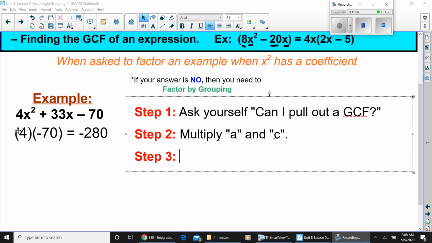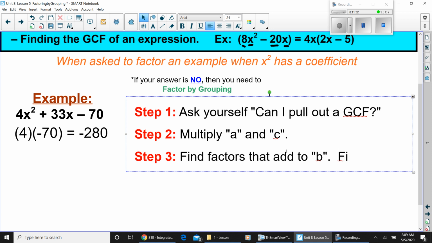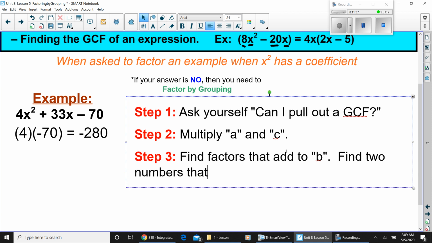Since you already multiplied 4 times negative 70, now you have to find factors that add to B. All right, find the factors that add to B. In this case, you have to find 2 numbers that multiply to negative 280.